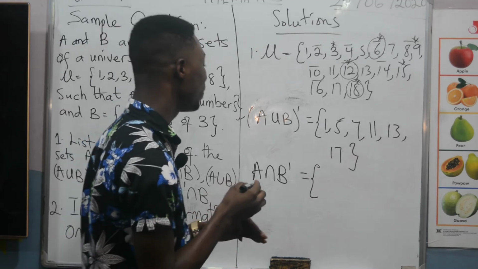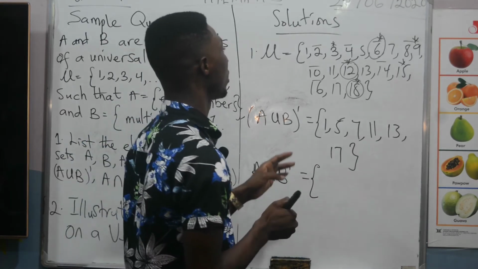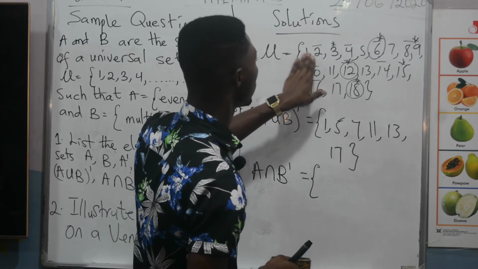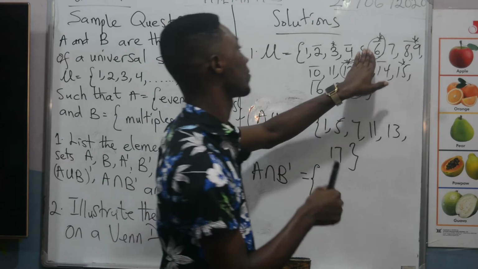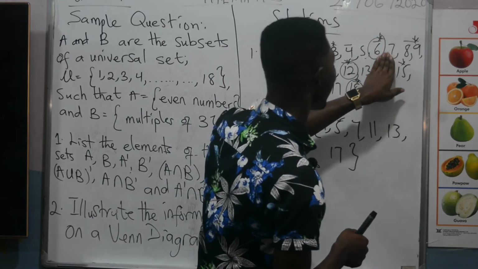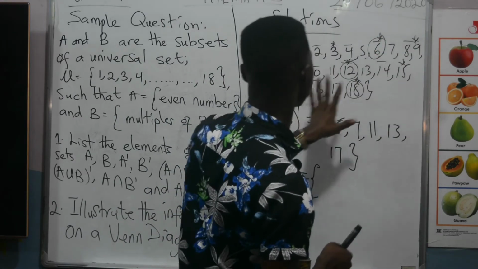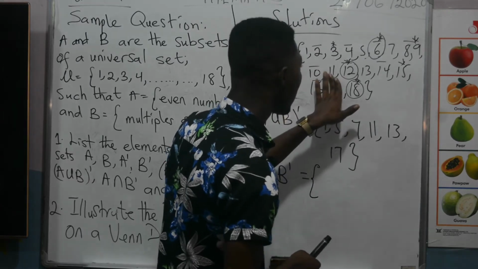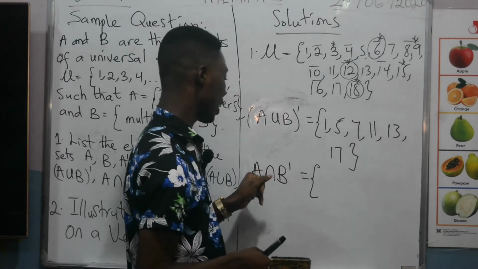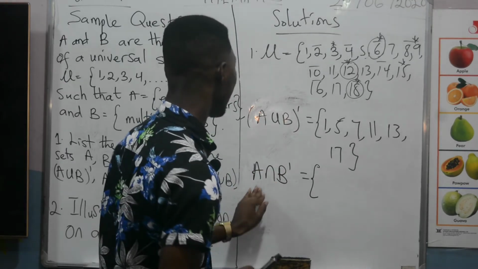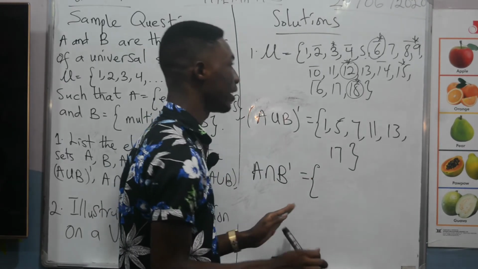We saw that in B complement, we had 1, 2, 4, 5. We had 7, we had 8, we had 10, 11, we have 13, 14, 16, and 17. Right? And in A, we saw they are all even numbers.